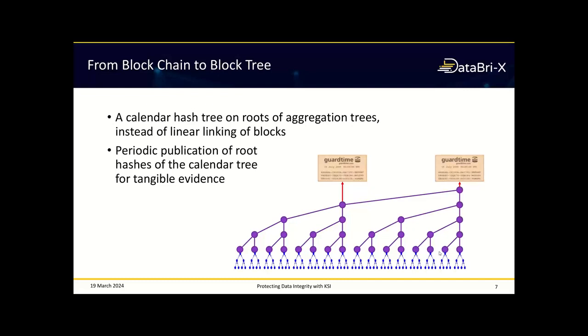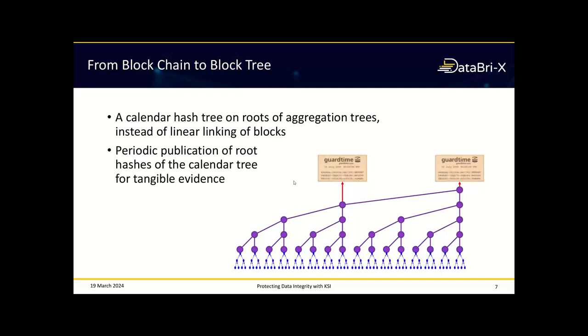We build the tree in such an incremental manner that every now and then, more specifically on the 15th of every month, we can take the current root hash value of the tree and publish it in a physical newspaper.